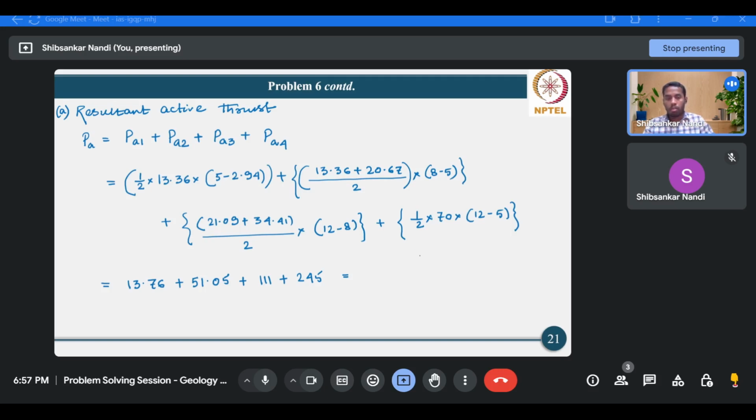The total pressure is 420.81 kilonewton per meter.